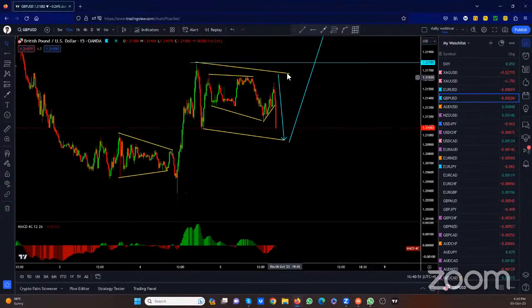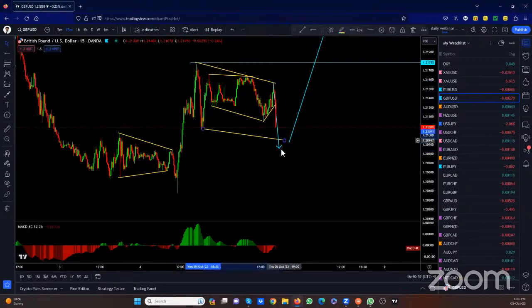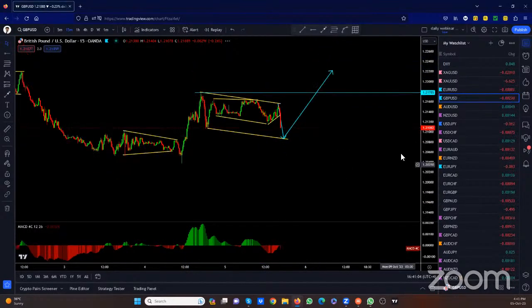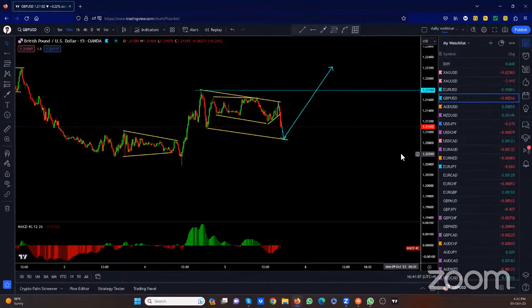So we're going to pull this down to here, and we're going to look for this trade down. See this? So it should be similar to that. And then upside. So we can wait for it to come there and then go for the buy. See?